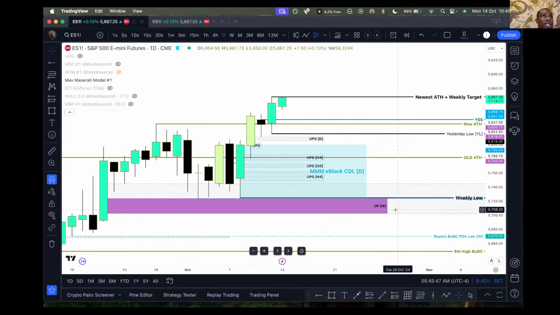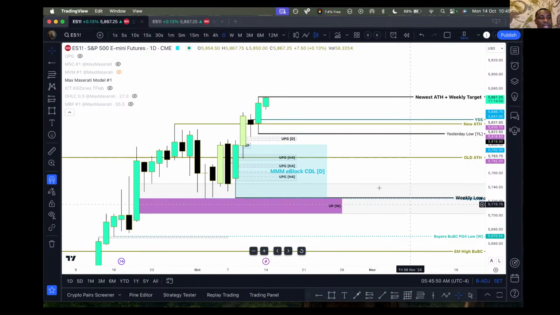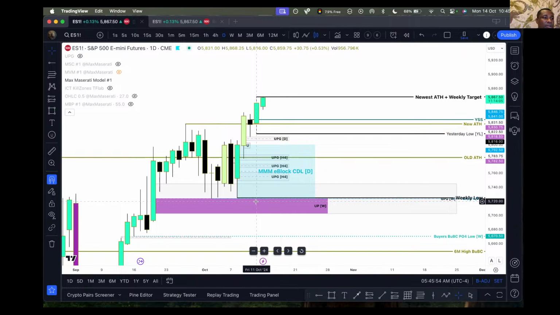The unfilled portion is just like an unfair pricing gap or fair value gap, where price came to this level and left this little portion unfilled. So if the sellers were strong enough, or the buyers start taking profit from this bullish market, we might expect price to come all the way down here.